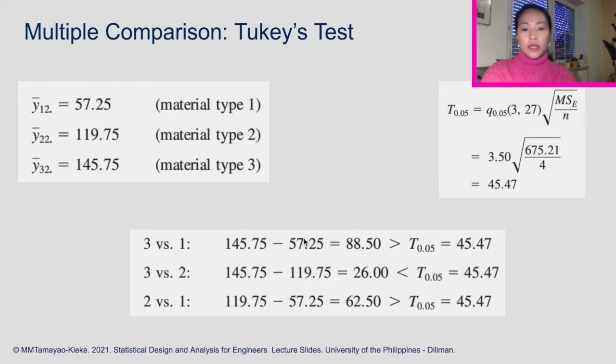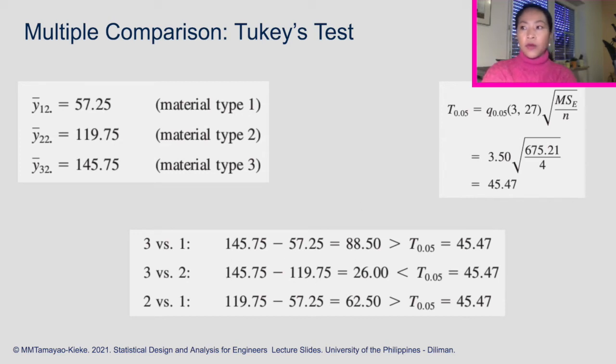Okay, so here we can say that material types 3 and 2 are actually better in terms of their effect on battery life than material type 1. Additionally, however, we can also say that 3 versus 2 is not significant. Therefore, material types 3 and 2 do not have a significant difference in terms of their effect on battery life.